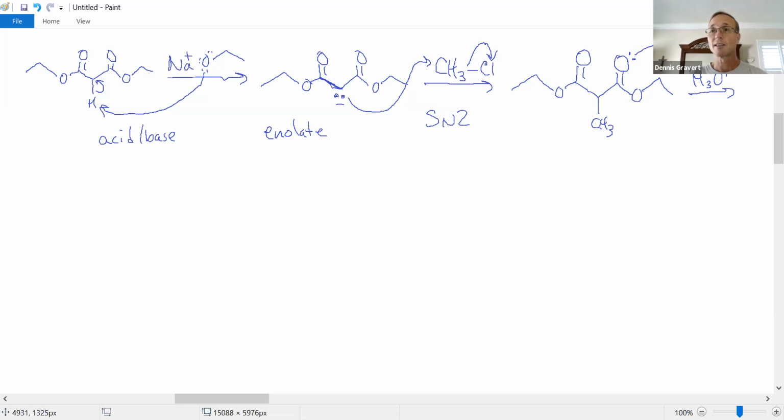The lone pair on the carbonyl oxygen grabs an H+. Then the weak nucleophile bumps up the pi bond.